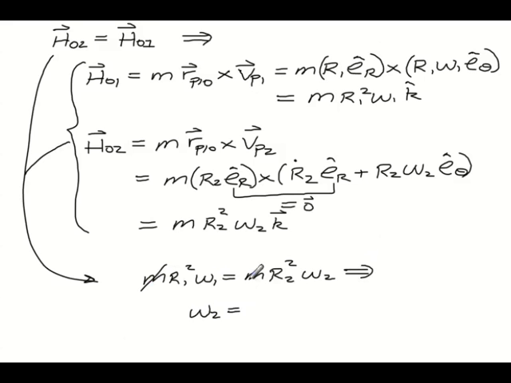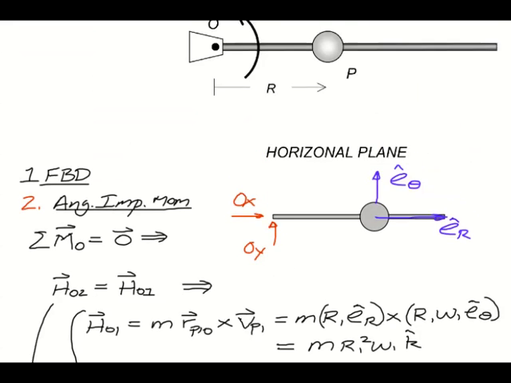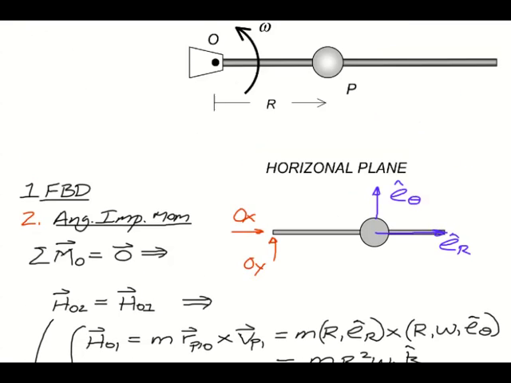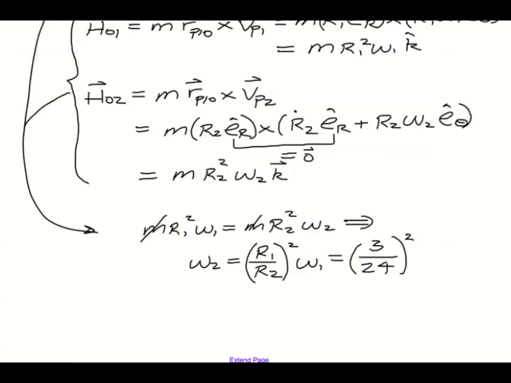We cancel out the m's, and omega 2 is equal to the ratio of R1 to R2, squared, times omega 1. R1 was 3 inches if I recall right. R2 is 24. And omega 1, sorry I have to keep coming back here, is 20. So this is the rotation rate at time 2.